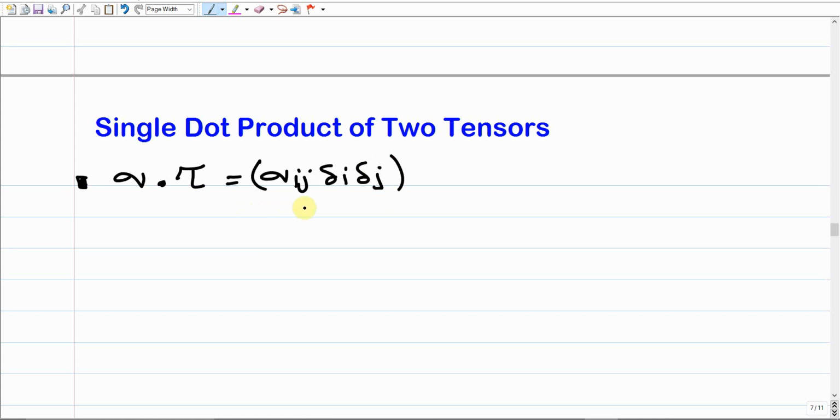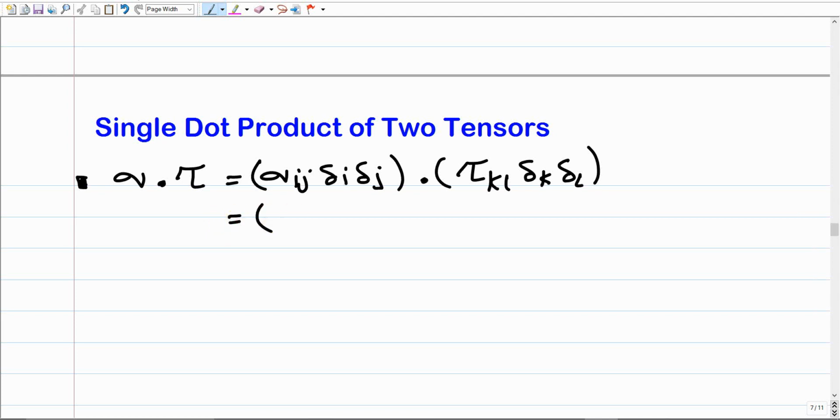Sigma is going to be sigma_ij delta_i delta_j dot the tau. I'm sorry, I already used i and j, so I have to use two different indices, like k and l, for example, delta_k delta_l. Make sense? Just use any other two indices that you didn't use, because we're still working in the same term.